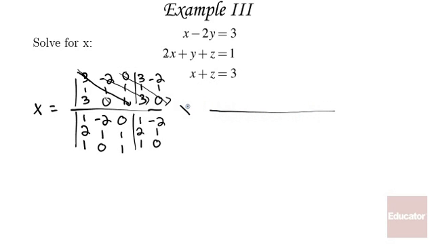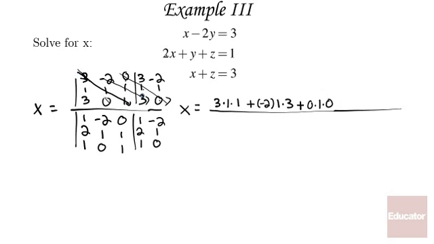So x equals the first product: this is 3 times 1 times 1 plus negative 2 times 1 times 3 plus 0 times 1 times 0.